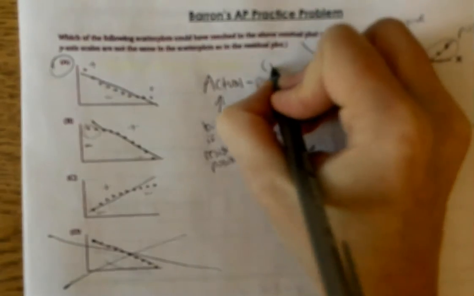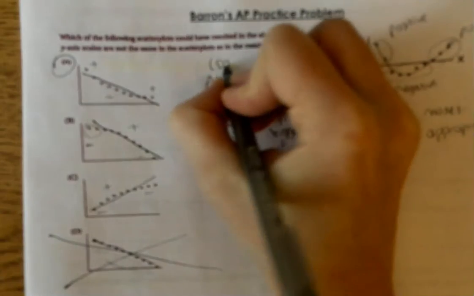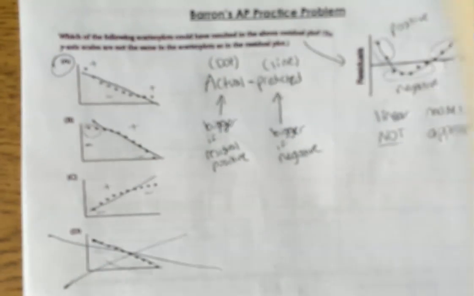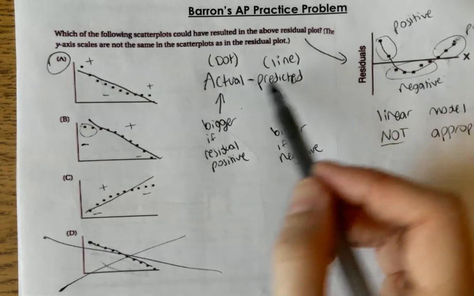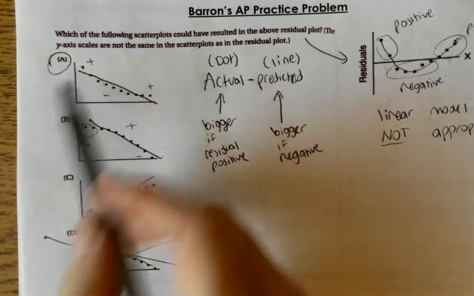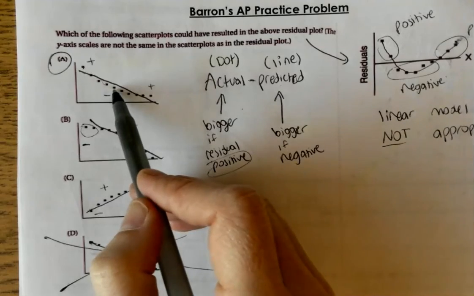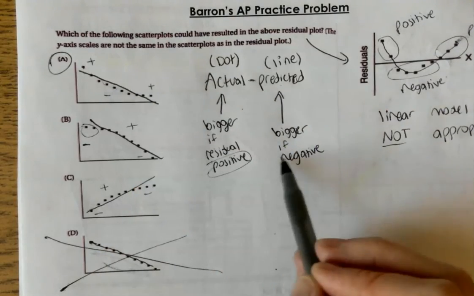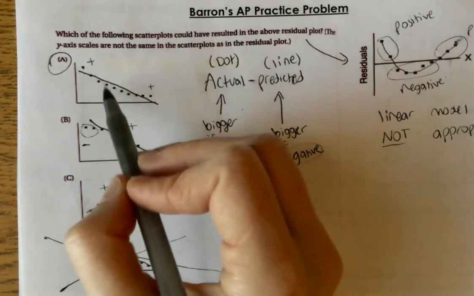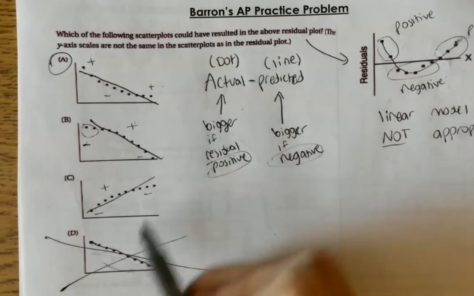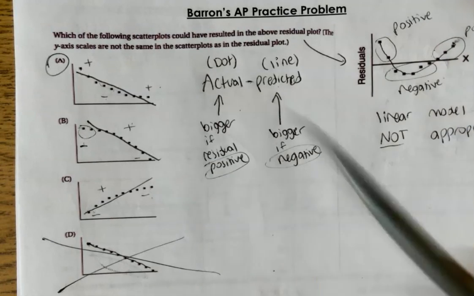And my predicted is the line of best fit, and my actual are my dots, right? So my dot is bigger than my line, so that would result in a positive residual. My dot is smaller than my line, that would result in a negative residual. So that's where my plus and my minus come from. Plus, minus, plus, minus, plus, minus, minus, plus, minus. So it looks like my only possible answer is A.